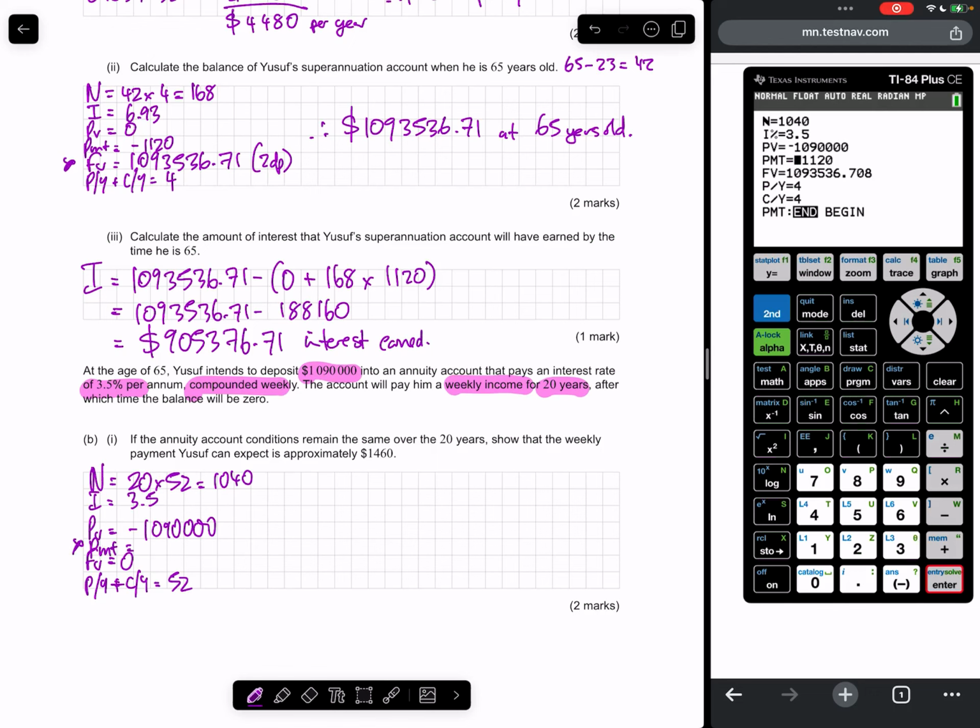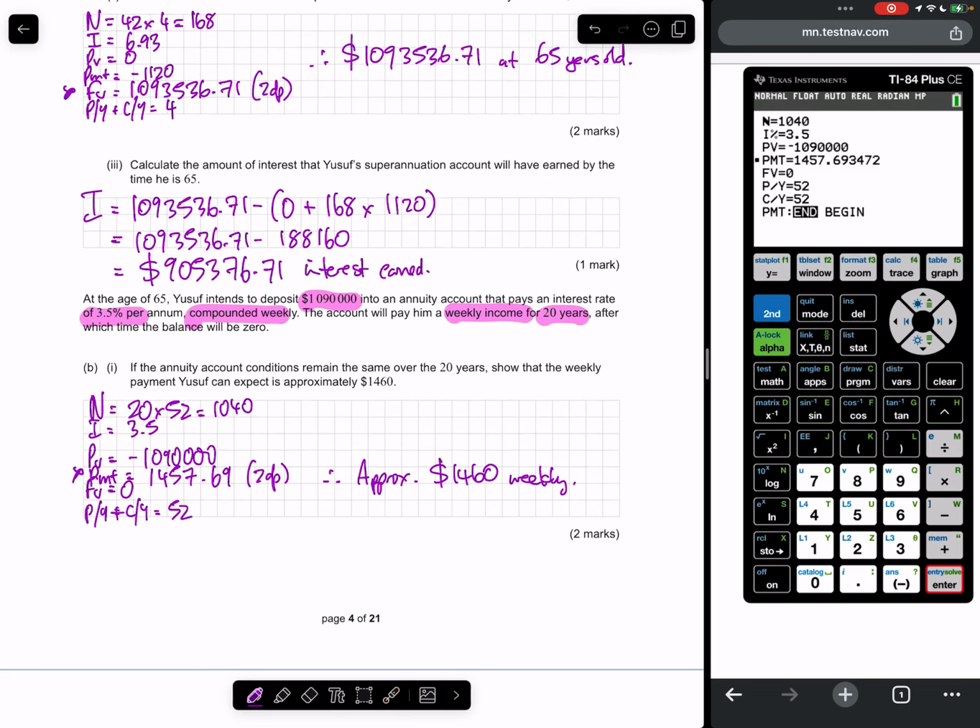PMT is what we are solving for. 52, alpha, enter. 1457.69 to 2 decimal points. Therefore, approximately $1460 weekly. Because we just showed that was $1457.69. What do we have now? I should draw an arrow there.